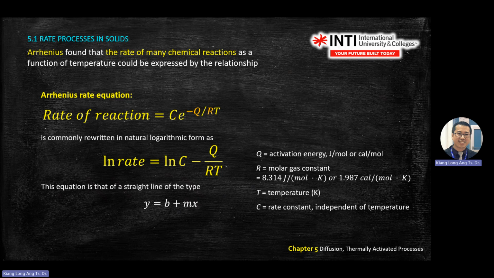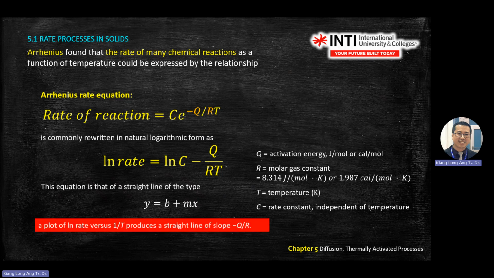X depends. Sometimes it's temperature, sometimes it's Q, sometimes 1 over T, it depends on the type of the graph you see, by using ln rate equal to ln C minus Q divided by RT.